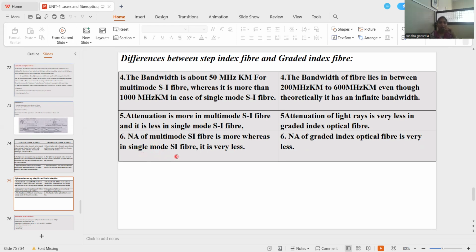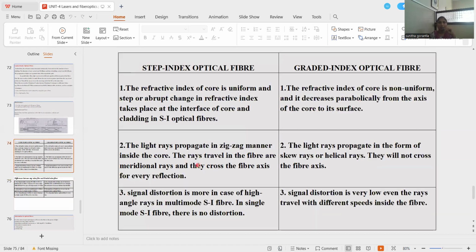Whereas in single mode step index optical fiber, n1 minus n2 is small, so the numerical aperture is also small. In graded index optical fiber, the numerical aperture is very less. This is about the differences between the step index optical fiber and graded index optical fiber.